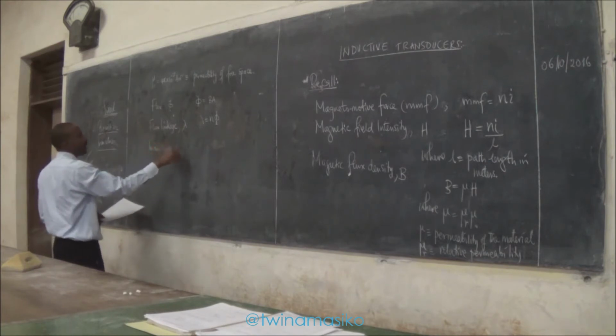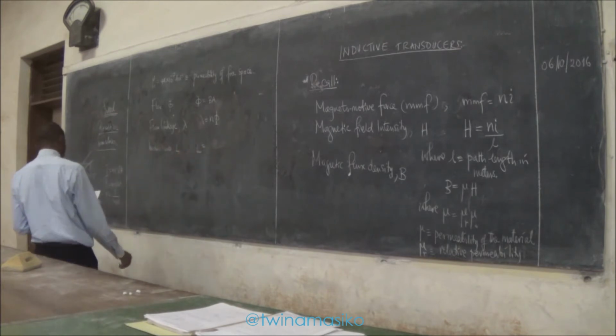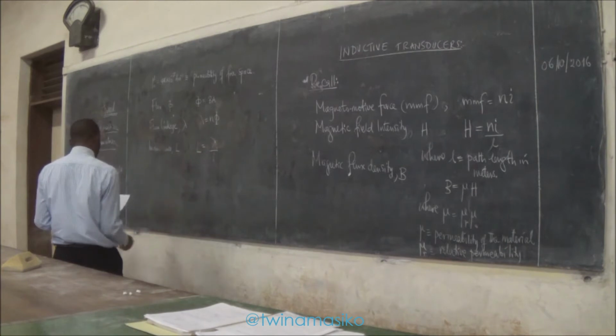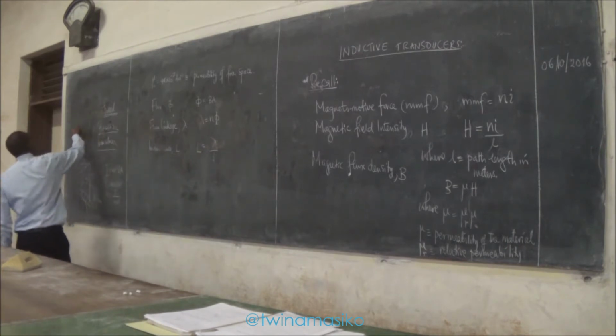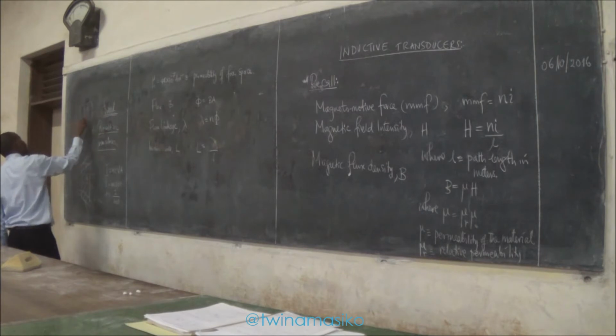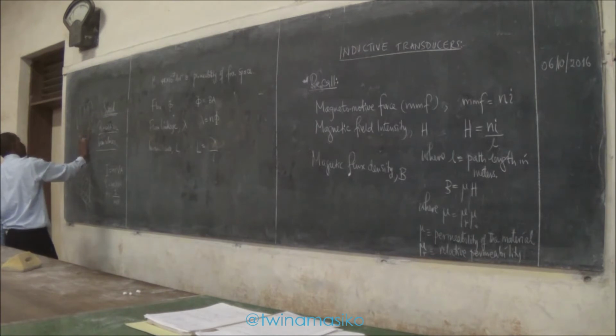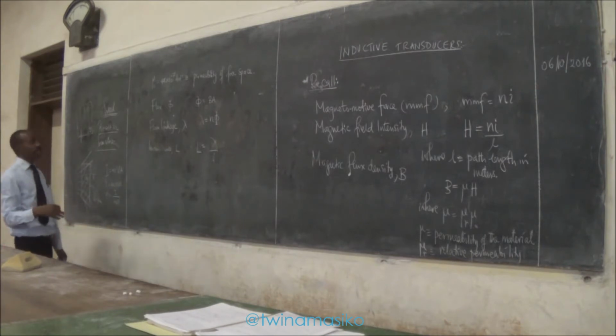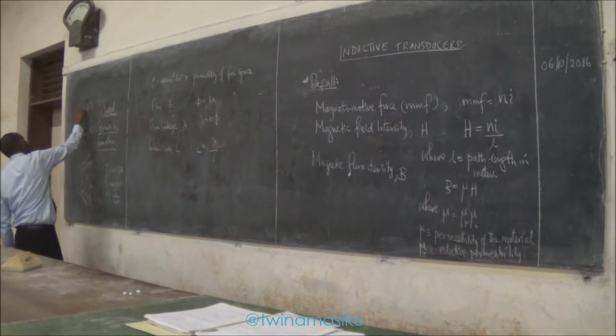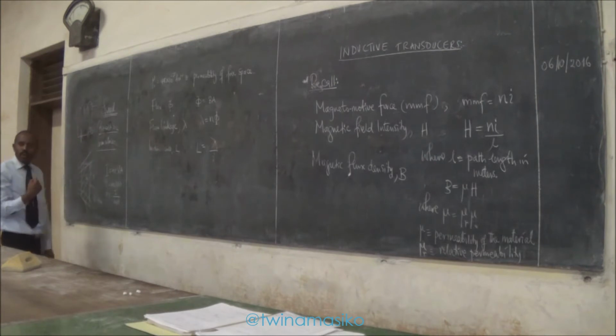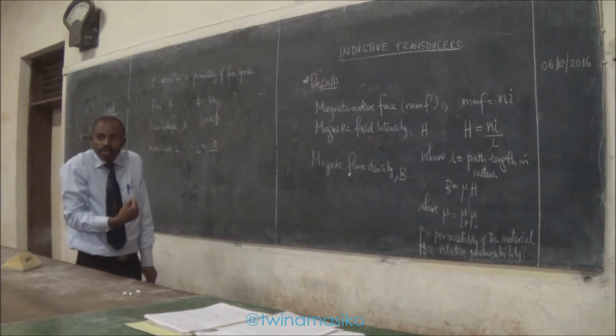So the inductance L is the same as lambda over the current I. Whenever we have a coil and we pass a current in it, if we can make this current go on and off, increase and decrease, then because of the resultant behavior of the magnetic fields, eventually you get this coil itself having an induced EMF.